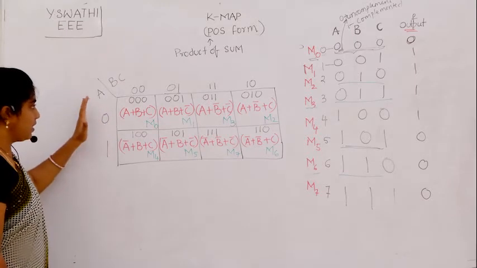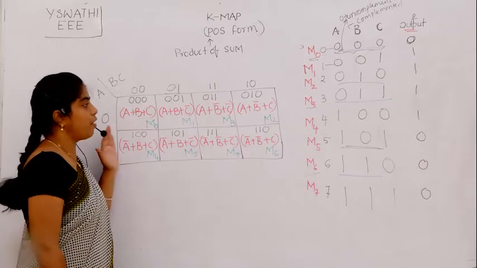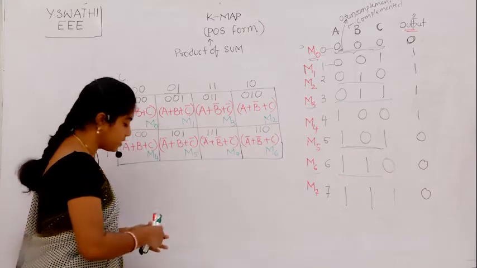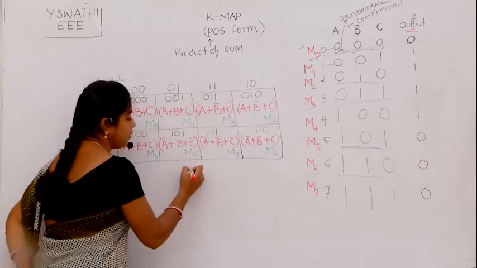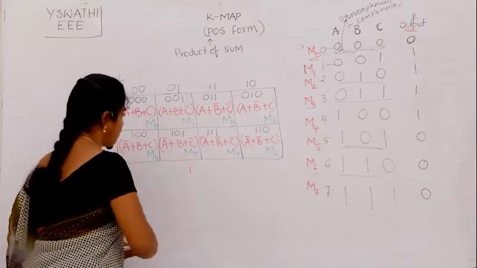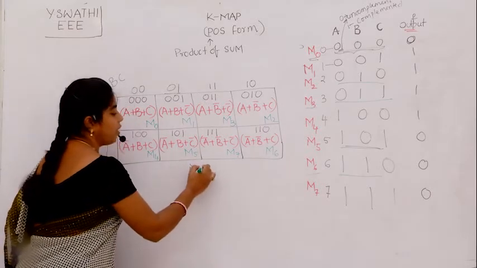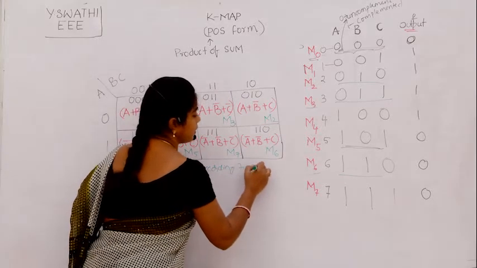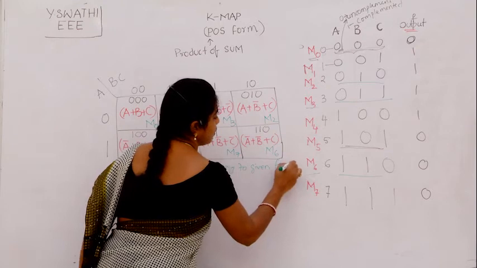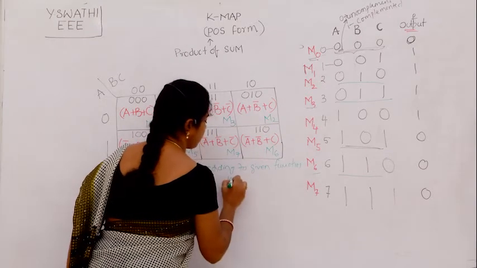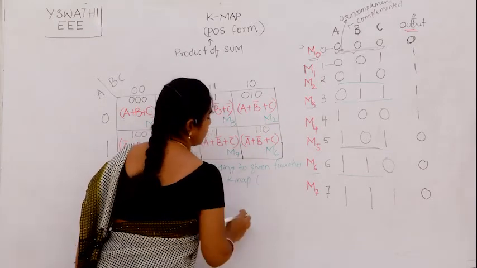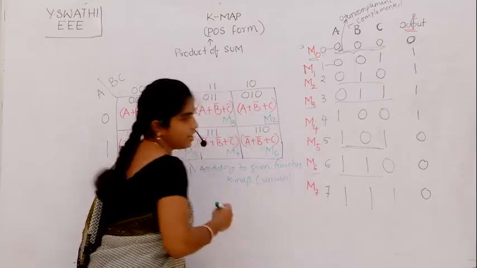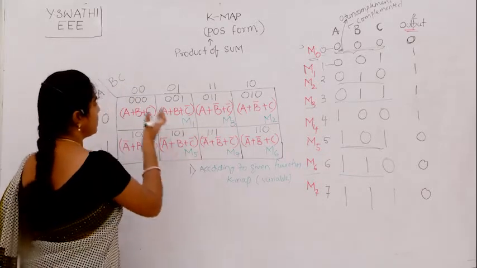Now we should follow the same procedure as we followed for SOP form. So what is the procedure? The first thing we should do, according to the given function, is draw a K-map according to the variables in the given function. If it is a 3-variable function, then we should draw a 3-variable K-map.